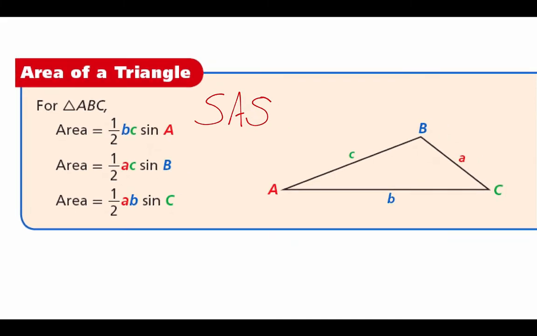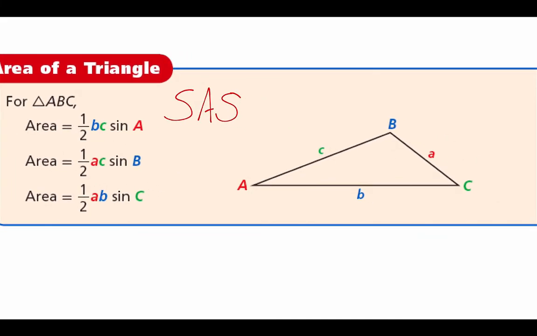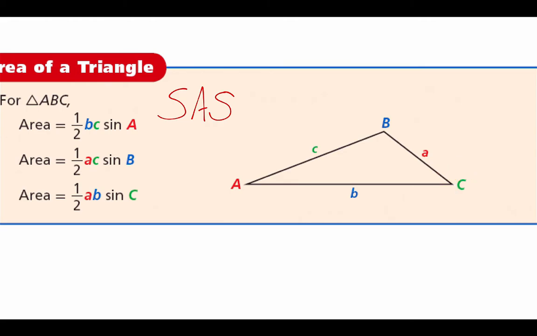Or, if we're using a different angle, 1/2 a times c times the sine of angle B. Here's a, here's c, and angle B is in between. Or, depending on what angles we have, area equals 1/2 a times b times the sine of angle C, that angle in the middle.